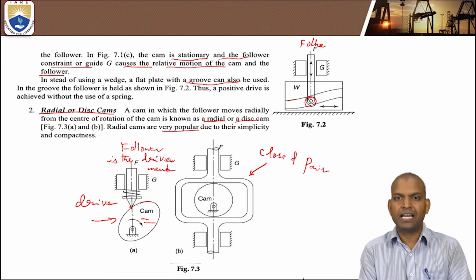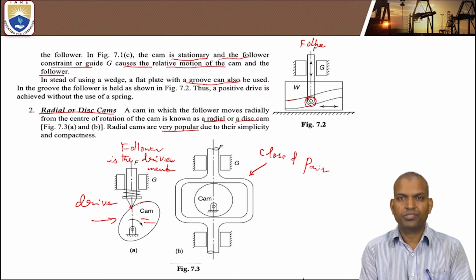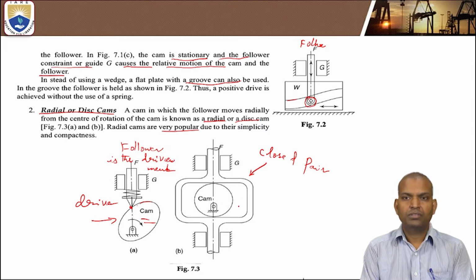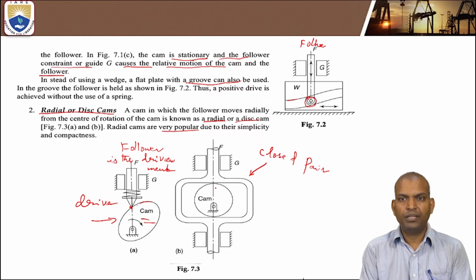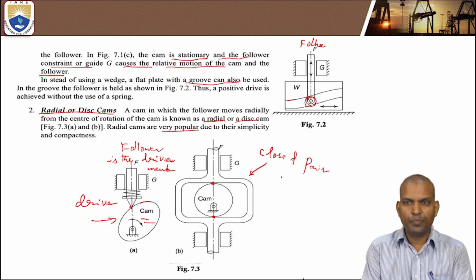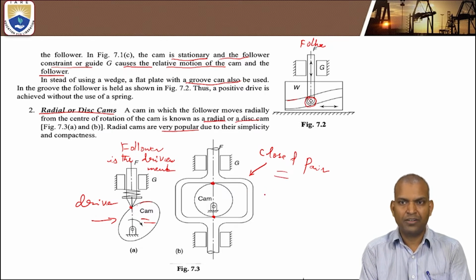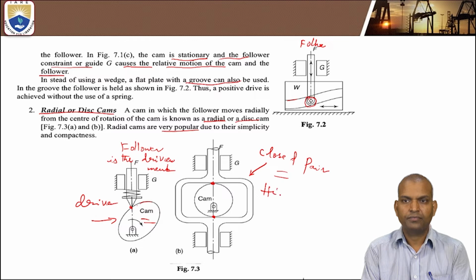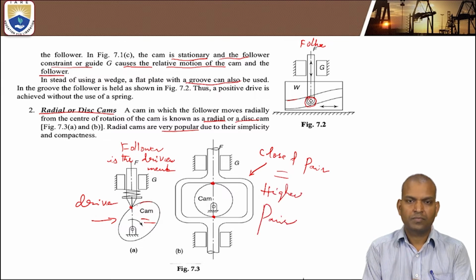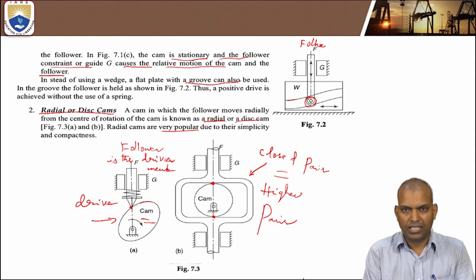That's why it comes under the category of higher pair. It is also a double point contact. The point contact, if it is a circular disc, and the closed pairs also come under the category of higher pair. Thus we can understand what higher pairs and closed pairs are.